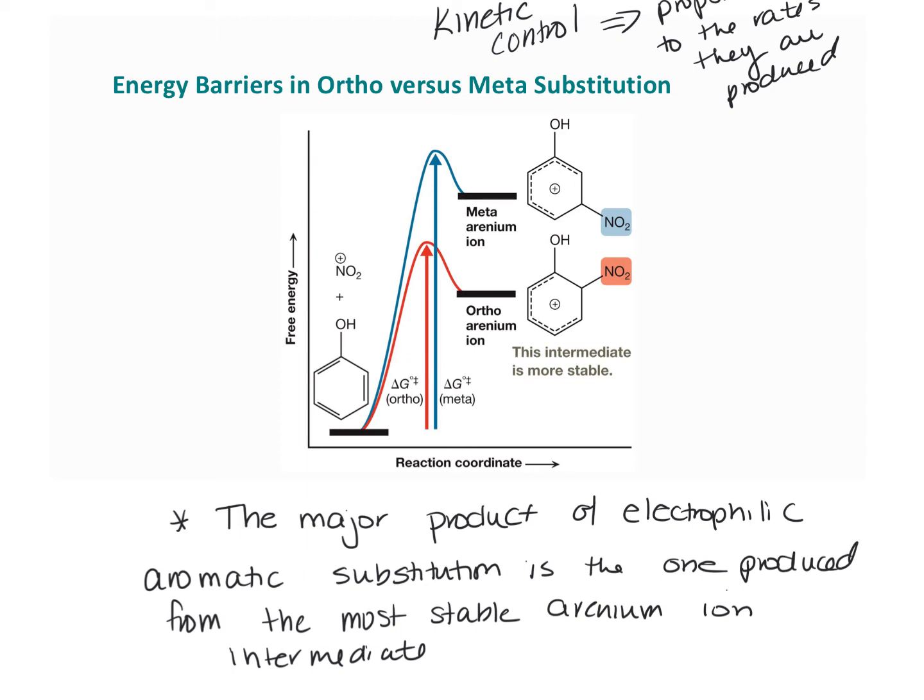Because a lot more of the ortho isomer than the meta isomer is produced, we know that in that case, the ortho-arenium ion intermediate is lower in energy and more stable than the meta intermediate. I feel like I either said it backwards a second ago or pointed backwards. So the ortho-arenium ion intermediate is lower in energy, more stable, than the meta-ion intermediate.